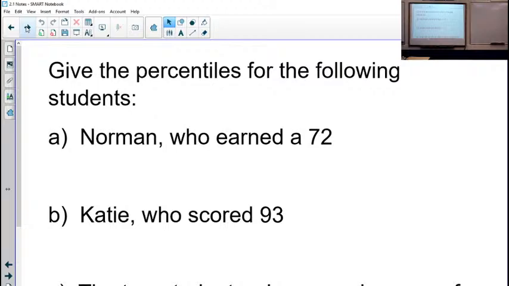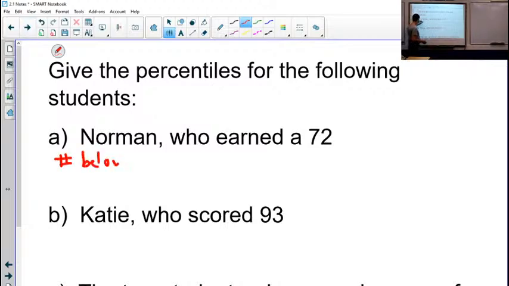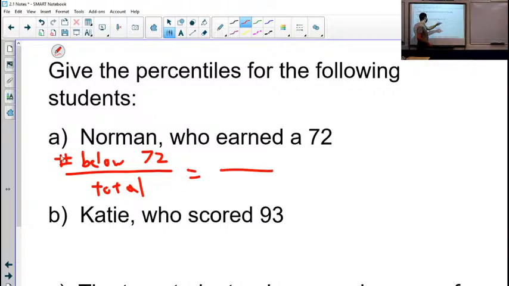So a score of 72. The number of people below 72 over the total. So what's the total? How many total people were there? 25.